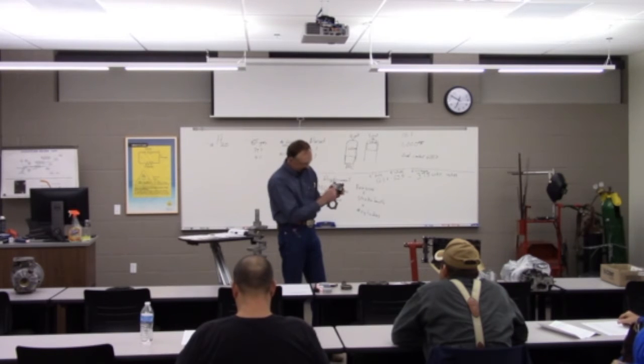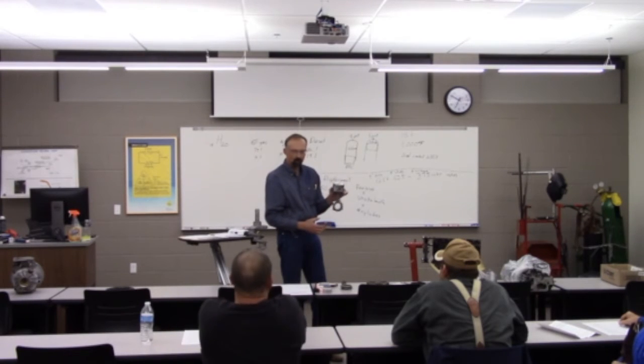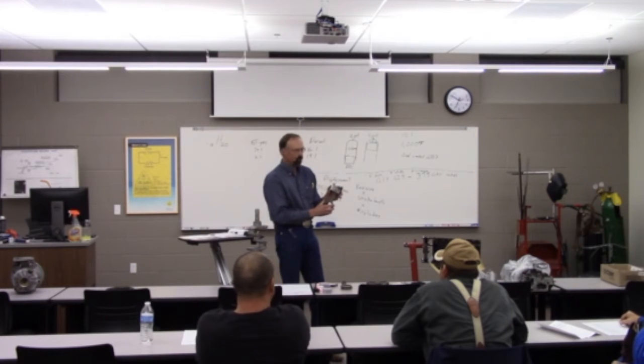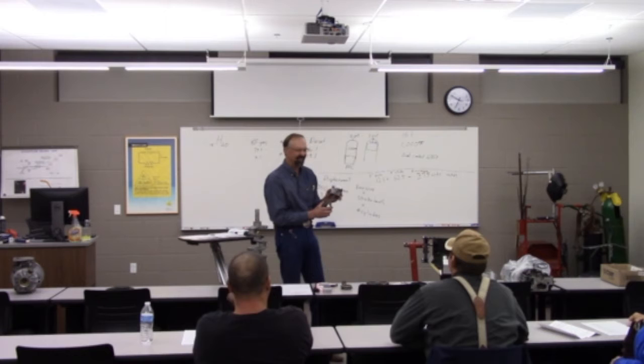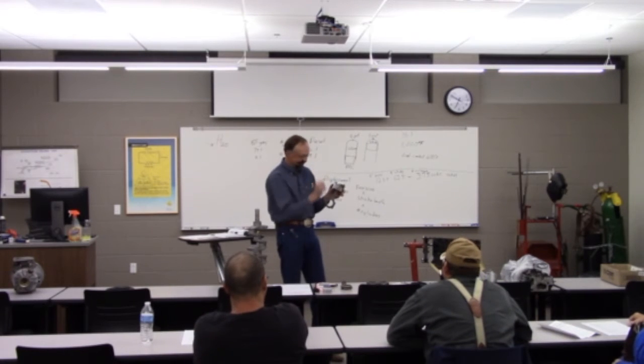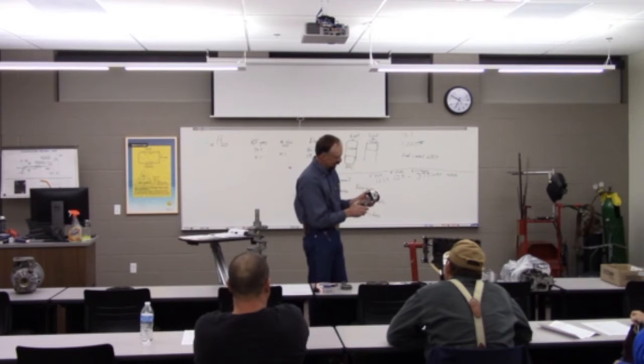So this pin that we have here connecting the piston to the connecting rod, anybody know the name of that? Yeah. Where'd they come up with that name? I don't know. I guess you're right, but anyways, you will have two basic different designs of those.